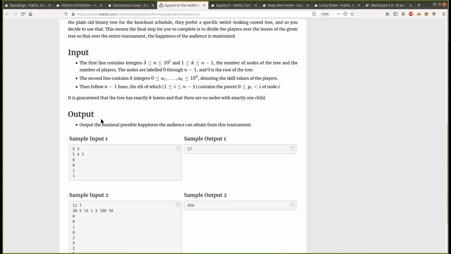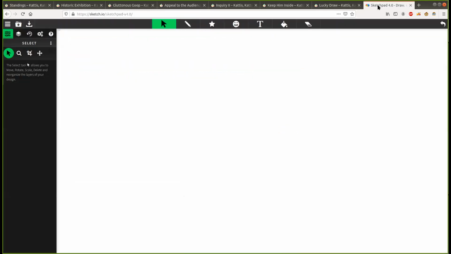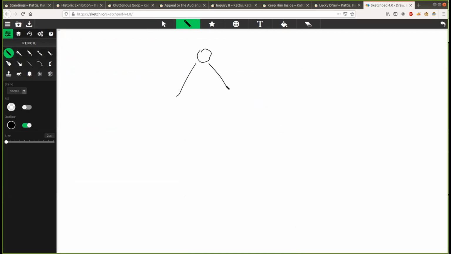So in problem A, there's this tournament that takes place in a given tree structure. The number of leaves is K. So some competition will happen where there are K players.